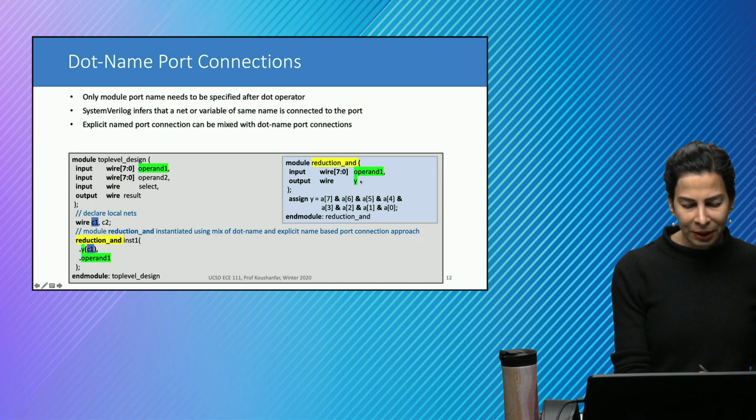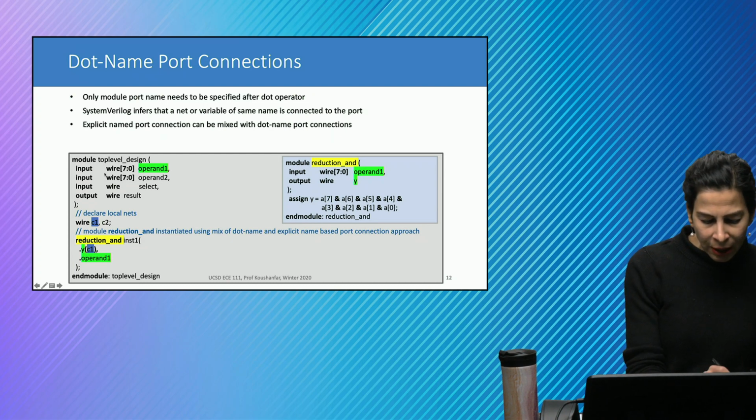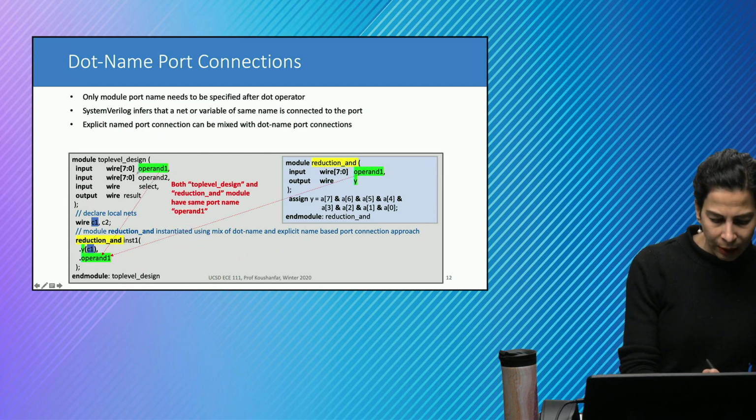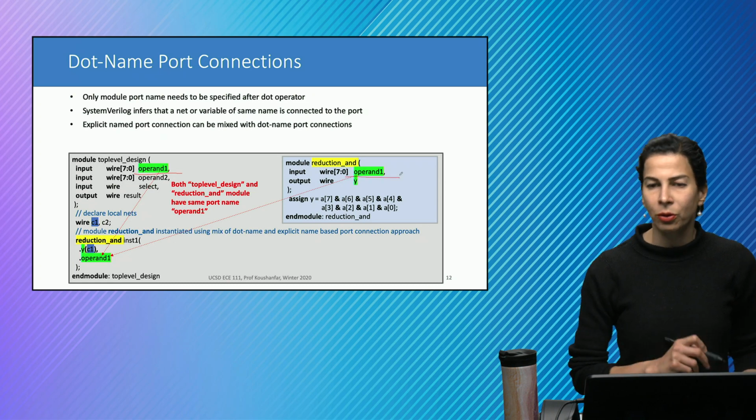So if you put the name as the same name, then you could mix this with the .name port connection as well. But as you see here, the input here is called operand1, and the first input here is also called operand1.